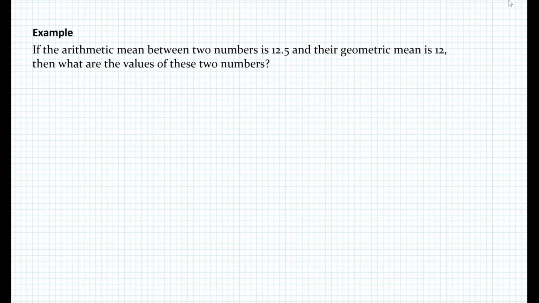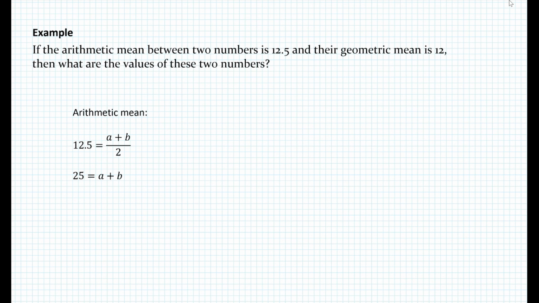So let's set up the equations first for the arithmetic mean and the geometric mean in terms of a and b. For the arithmetic mean, we simply write 12.5 is equal to a plus b over 2, which is basically the average of these two numbers a and b. Now we can multiply by 2 to obtain that 25 is equal to a plus b.